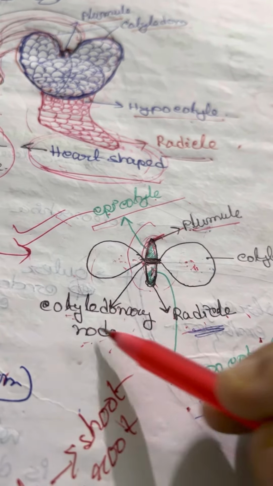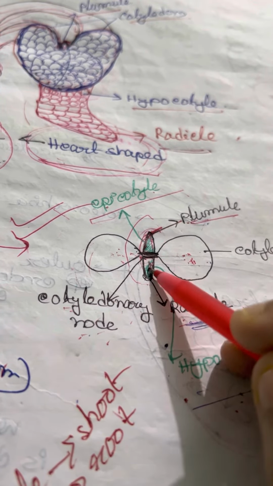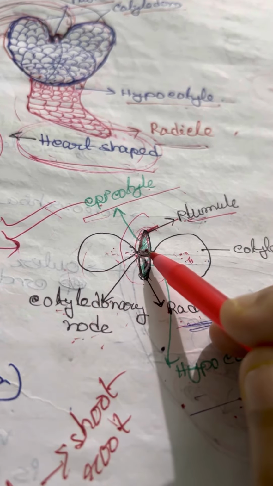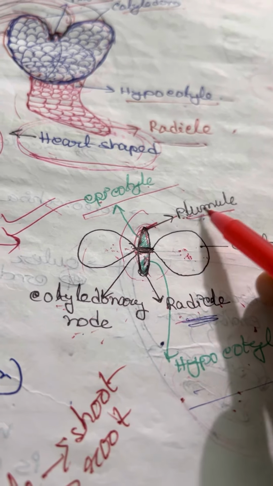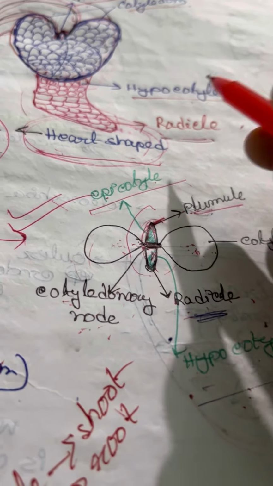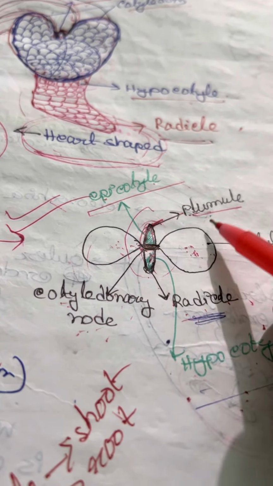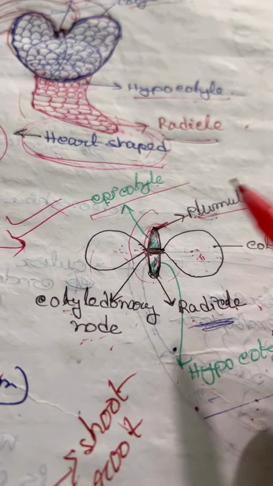The two cotyledons are joined with this axis at the cotyledonary node, and the upper part of this axis is called the plumule, and the lower part is the radicle. From the radicle the root will develop, and from the plumule the shoot will develop.